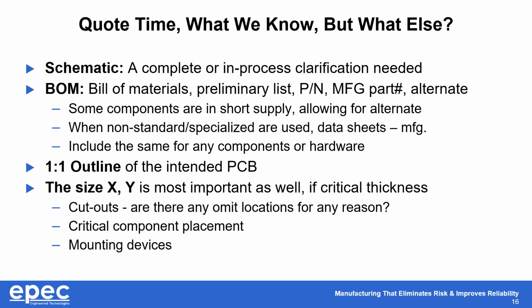Some components are in short supply, we all know that. So giving an alternate to a component is advantageous to your assembly house getting the boards to production quickly. Any non-standard or specialized components used, if you have data sheets on those, we appreciate getting those up front. And include any components or hardware that may be involved with the project.